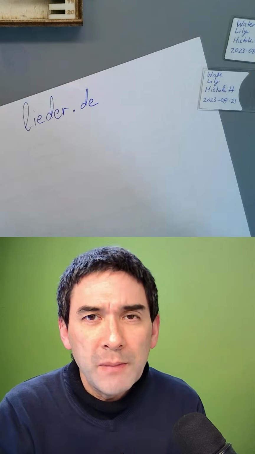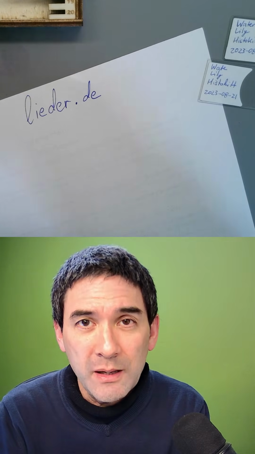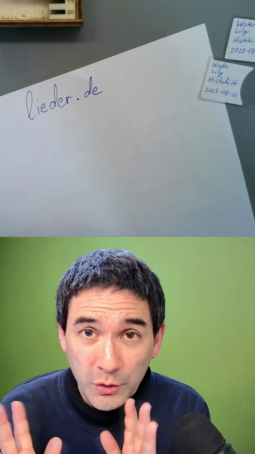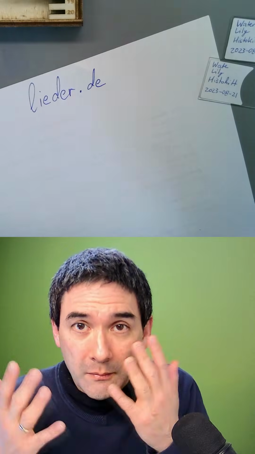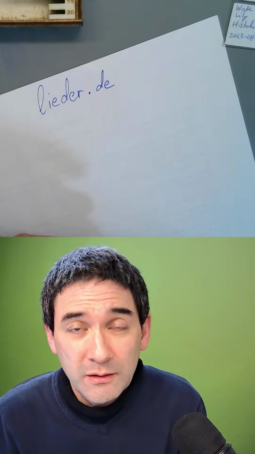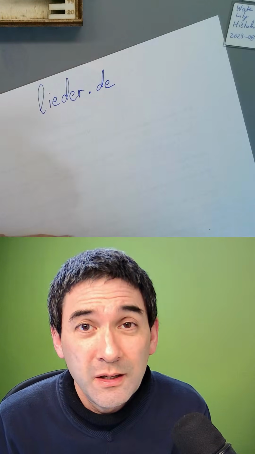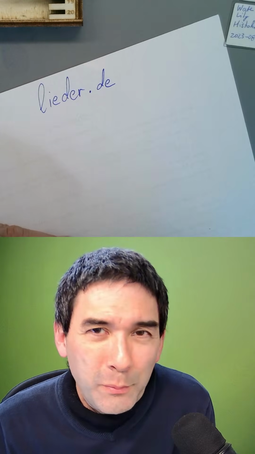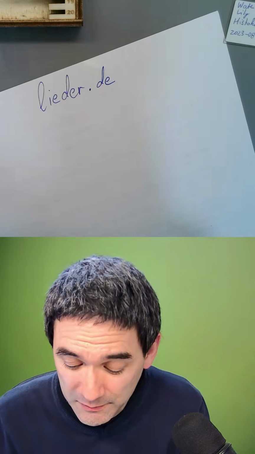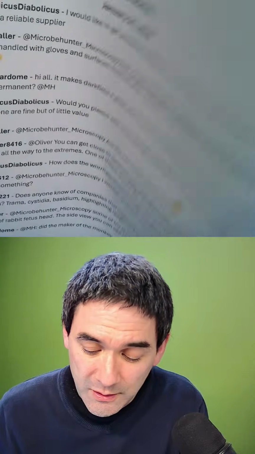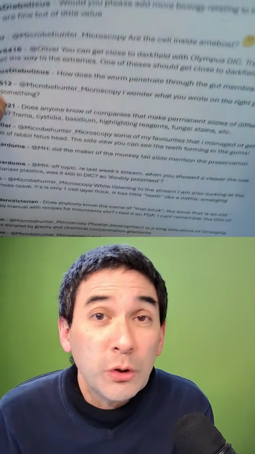If you want to have cheap, permanently mounted microscope slides, buy them on Amazon. However, I do have to say that those cheap Amazon slides, I mean they work, right? But quality-wise, generally there is no comparison. The quality is much lower, much more dirt.